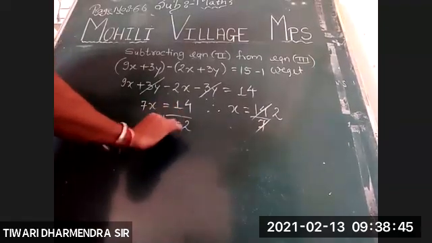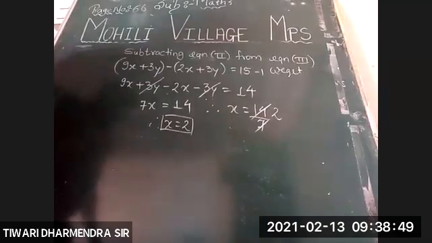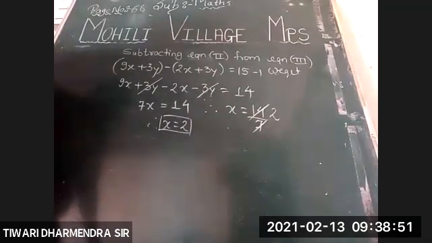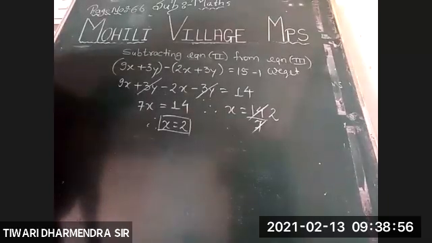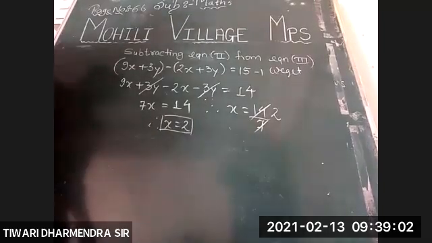Now what to do? You can take help of any of the equations, either 1 or 2 or 3. I'll be taking help of, say, the first equation, that is 3x plus y equal to 5.